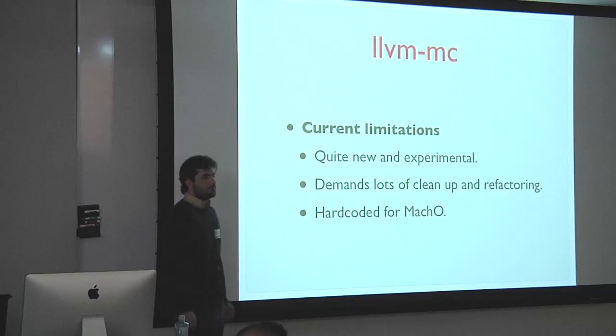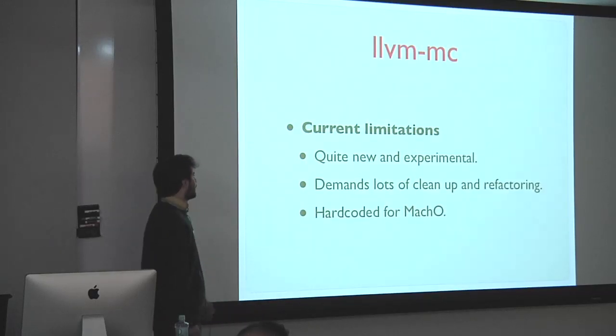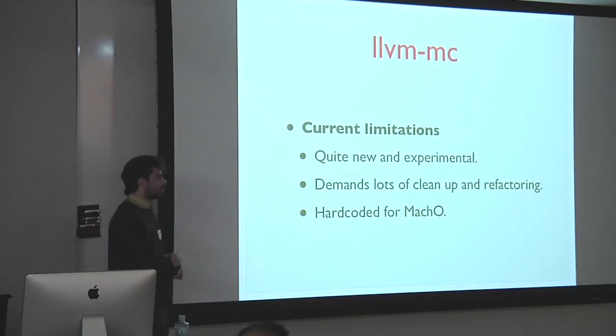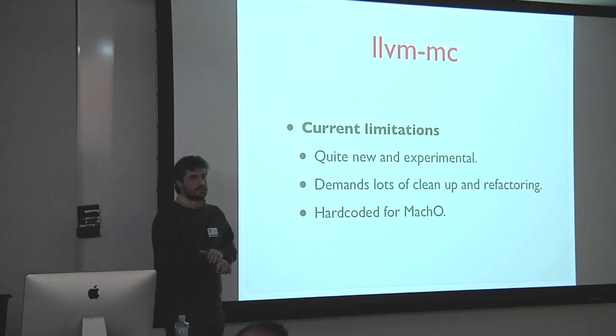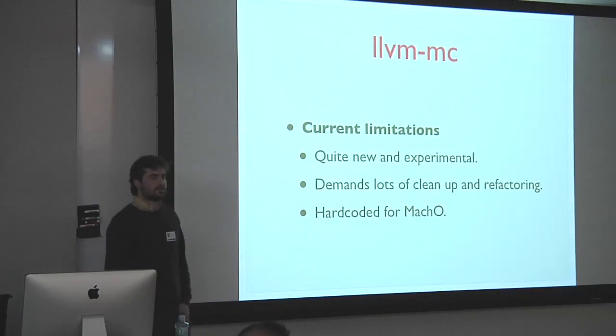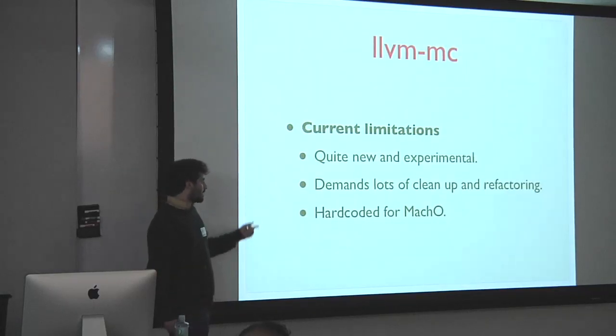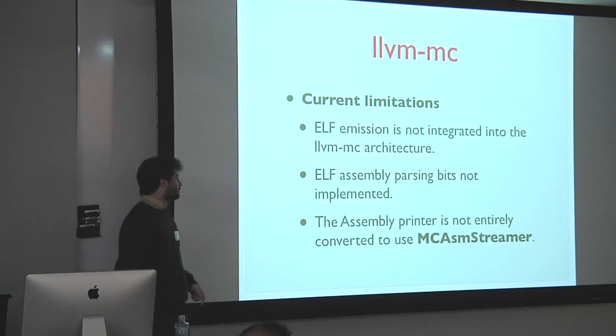Since this llvm-mc is really new, the current limitations are that it's quite experimental and demands a lot of code refactoring and cleanup, because we want to share as much code as possible between the assembly printers, the JIT, and the object code emitters, and right now it's hard-coded for Mach-O.